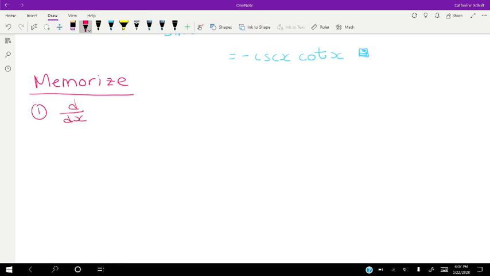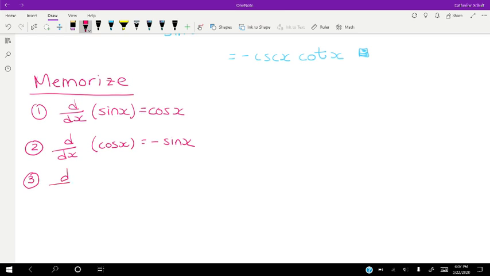First of all, the derivative of sine is cosine. The derivative of cosine is negative sine. The derivative of tangent is secant squared.